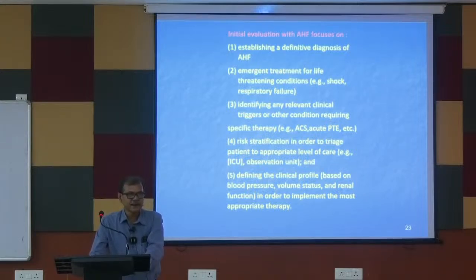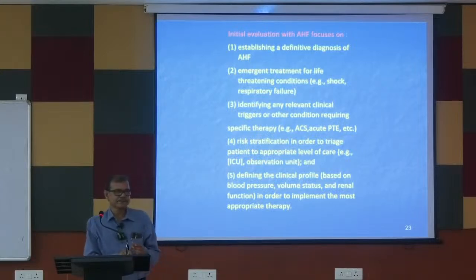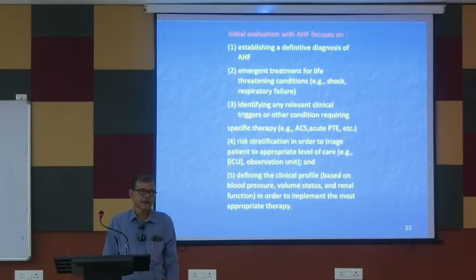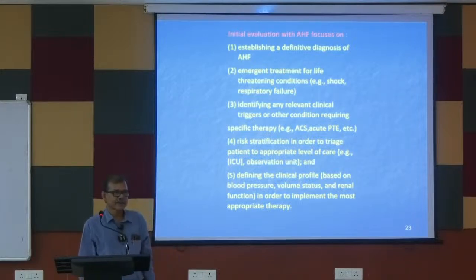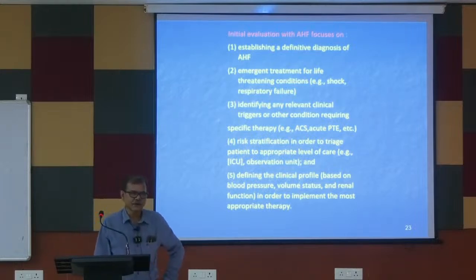Now, what would be the clinical assessment? Number one, first, the capillary refill or peripheral hypoperfusion, or chronic hypoperfusion, that is reflected by certain clinical parameters. Then we should search for the presence or absence of systemic or chronic congestion.